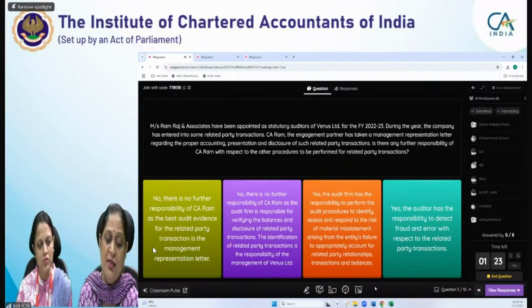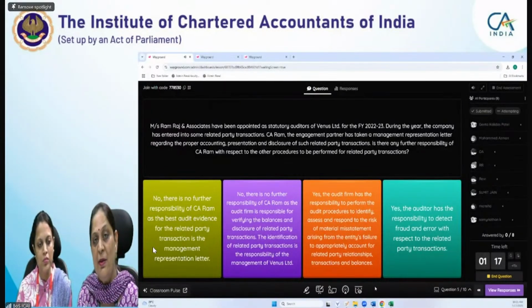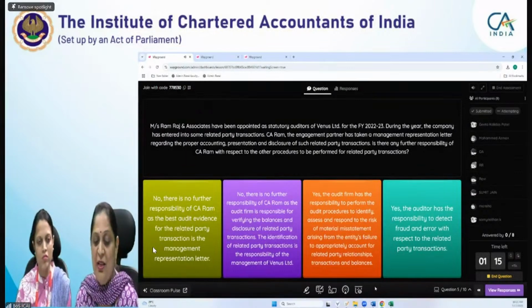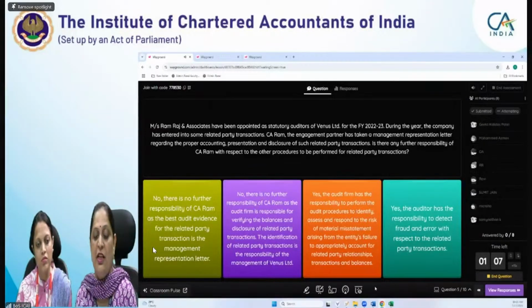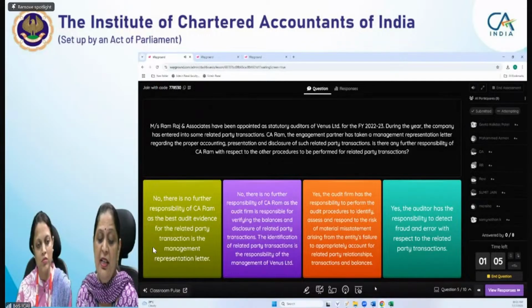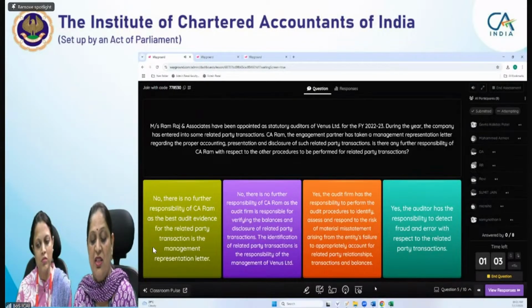First, no, there is no further responsibility of CA Ram as the best audit evidence for the related party transaction is the management representation letter. Second, no, there is no further responsibility of CA Ram as the audit firm is responsible for verifying the balance and disclosure of related party transactions; the identification of related party transactions is the responsibility of the management of Venus Limited.